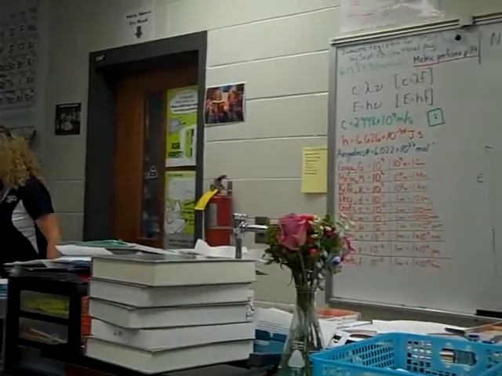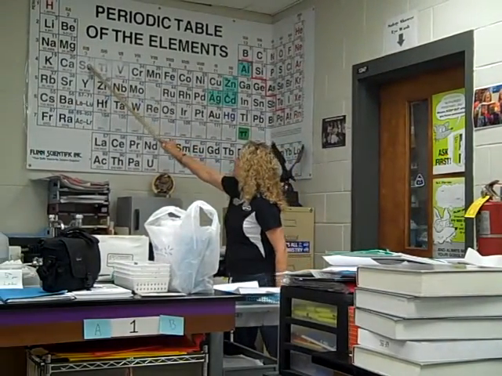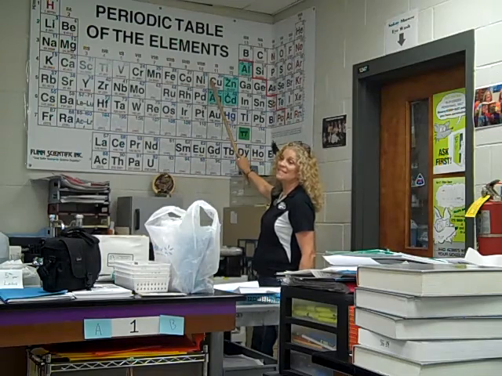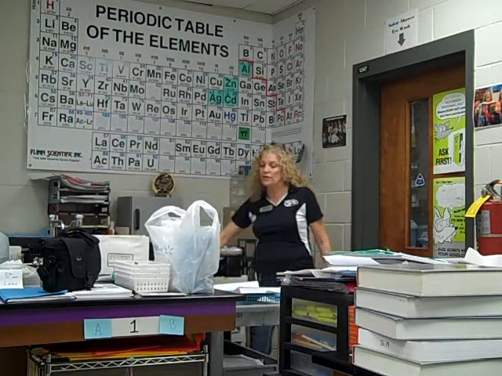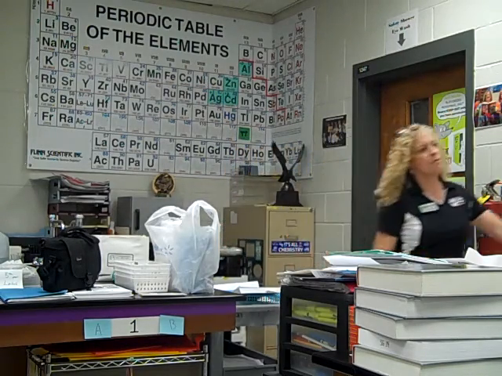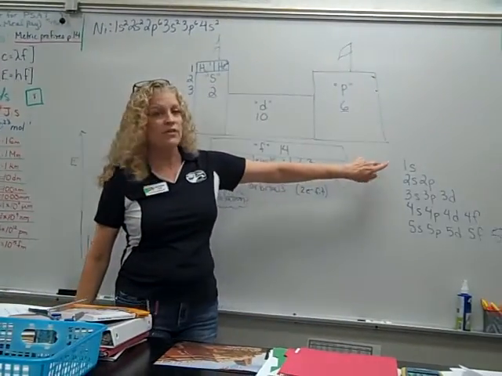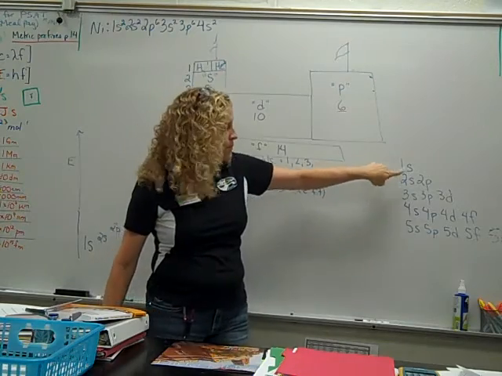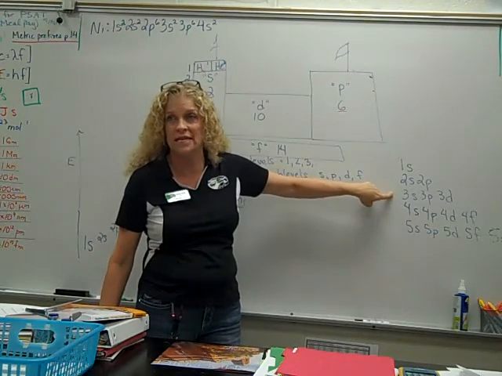So now we have to go in here. What section is this? D. Now, this is where there's an overlap. Remember before when we said the first energy level has just an S, the second has an S and a P, the third has an S, P and a D?